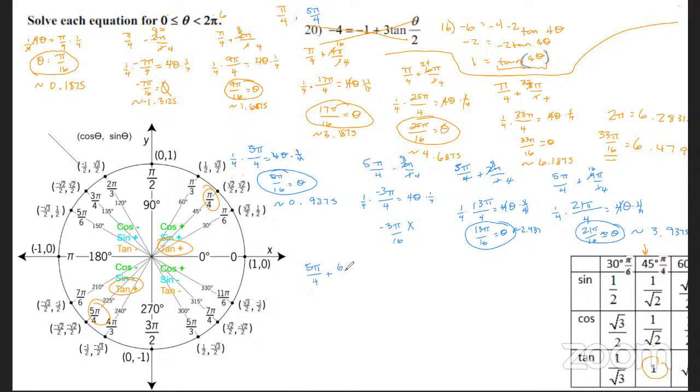So if we added 4 pi last time, let's add 6 pi this time. So 5 plus 24, Miss Andrea, is going to be 48 pi over 4.